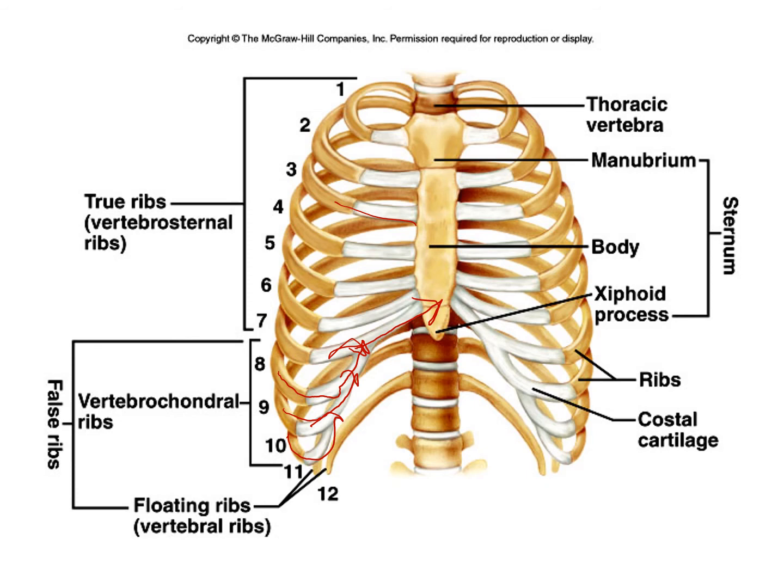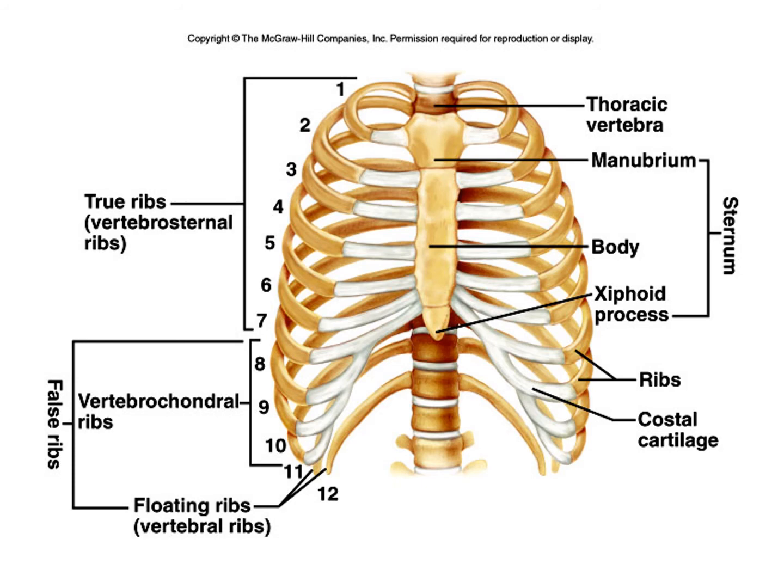So with your vertebral sternal ribs, these pieces of cartilage directly attach to the sternum. That's where they get their name from. In the case of vertebral chondral ribs, these indirectly attach to the sternum. They attach to cartilage first.